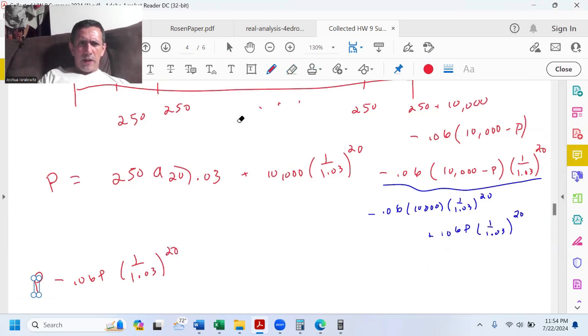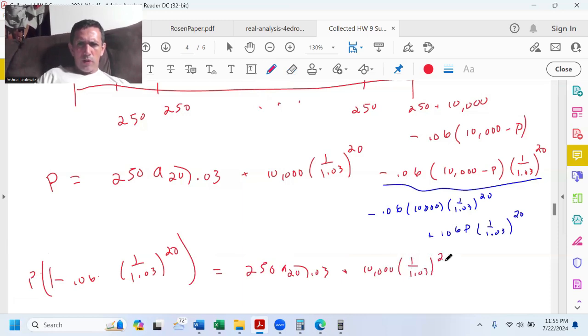Of course, you would factor out a P to make your life a little easier. That's 1 minus this whole thing. So this is going to be 250 a angle 20 at 3%, plus 10,000 times 1 over 1.03 to the 20th, minus 0.06 times 10,000. So nothing here is particularly bad. Do it on the calculator. I'll do this quickly.